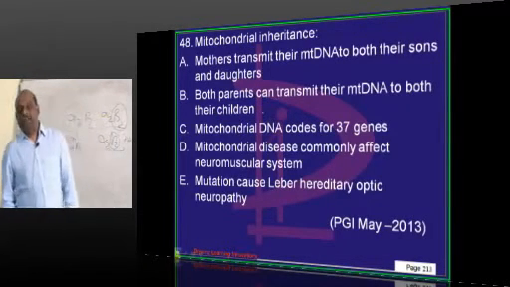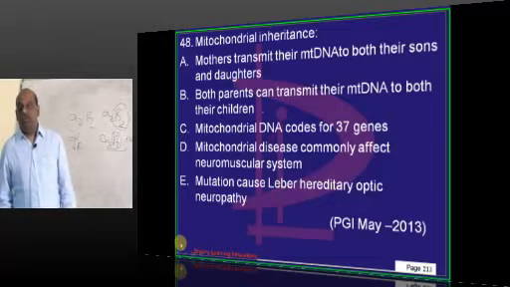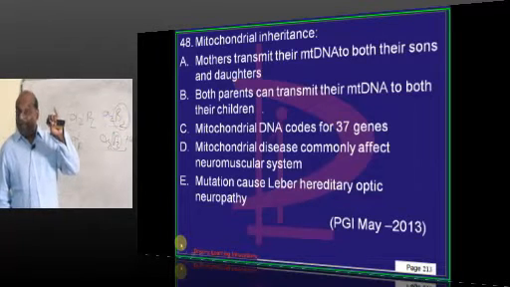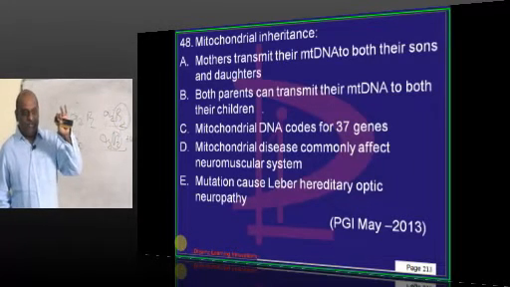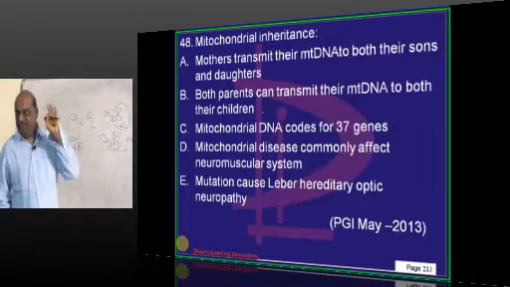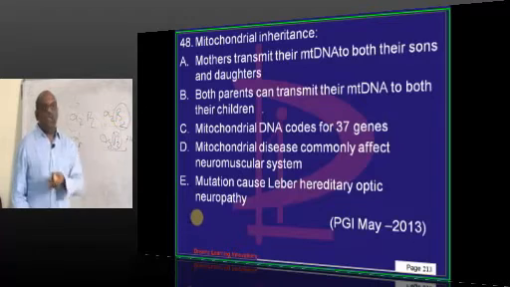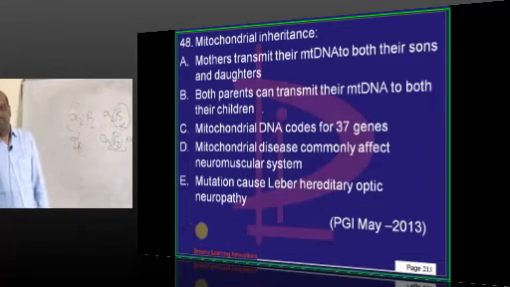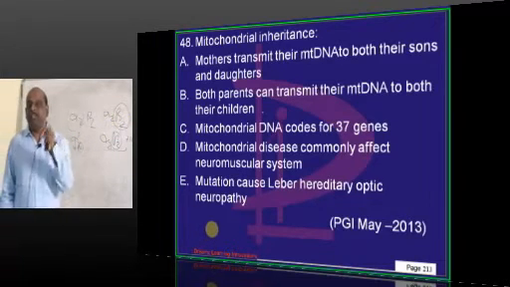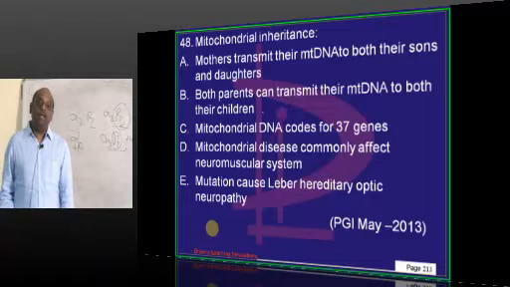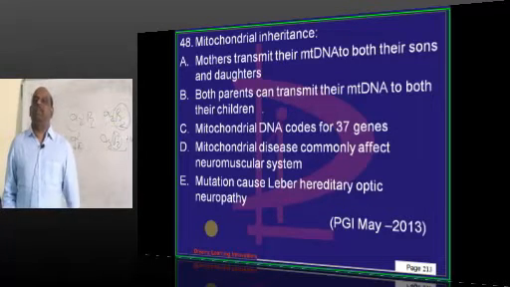Then a question on mitochondrial inheritance. Once more, now you know uniparental disomy, Angelman syndrome, mitochondrial inheritance disorders. Favorite area for the examiner. So from where do we get mitochondria? From the cytoplasm. Who contributes cytoplasm? Egg, not the sperm. Sperm only contributes the DNA, the nucleus.